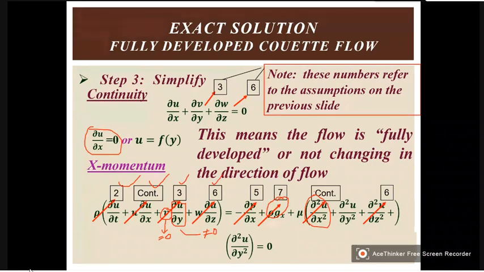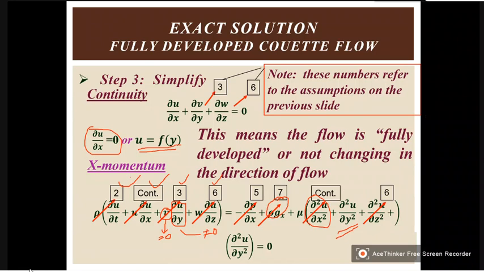Then u is a function of y, so dou square u by dou y square need not be 0. We do not know. So dou square u by dou y square will be there as it is.